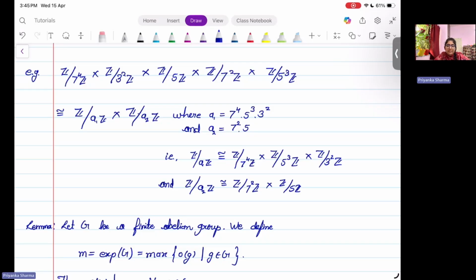Actually here 7, 3 and 5 are co-prime, so any powers of 7, 3 and 5 will be co-prime.